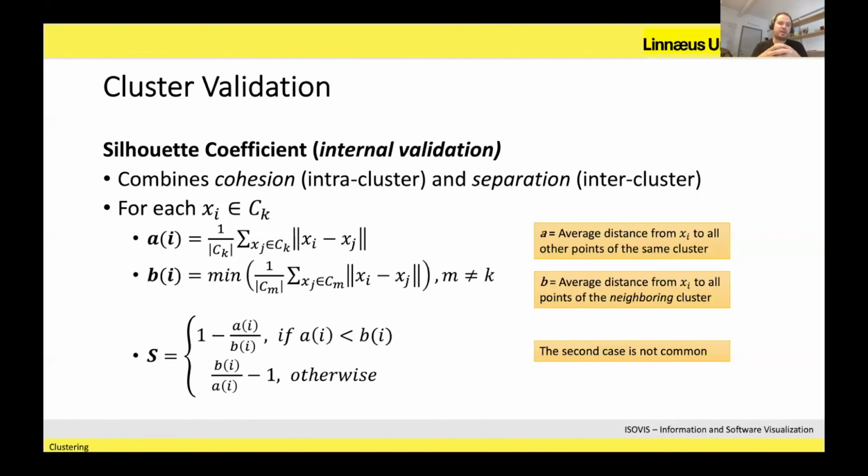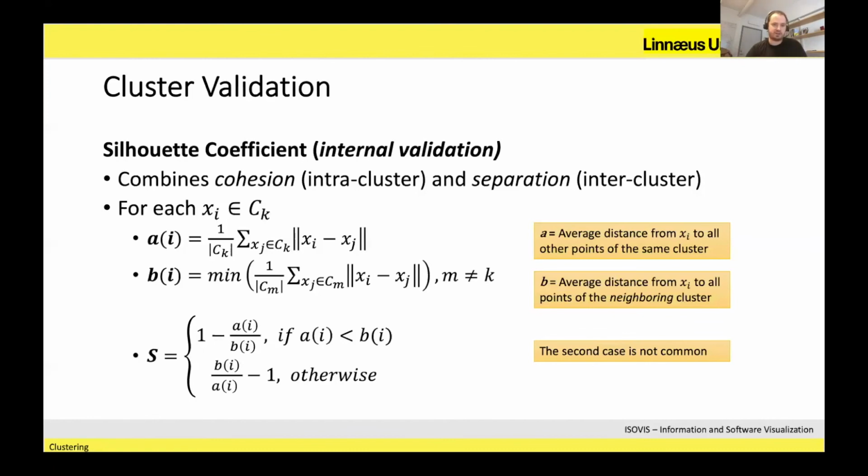And then you use A and B in order to determine the silhouette coefficient, which is basically 1 minus A over B, if A is less than B, which it is most of the time, because the intra-cluster distances should be smaller on average than the neighboring cluster distances.